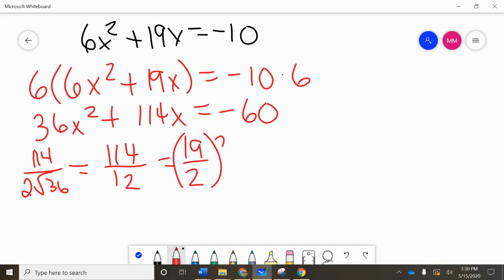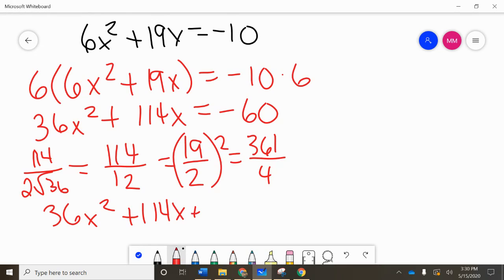So my C, if I square that, would be 361 over 4. So putting this into my equation, I get 36x squared plus 114x plus 361 over 4. And then I have to add that 361 over 4 to negative 60 to get 121 over 4.